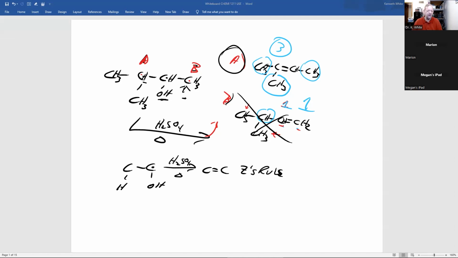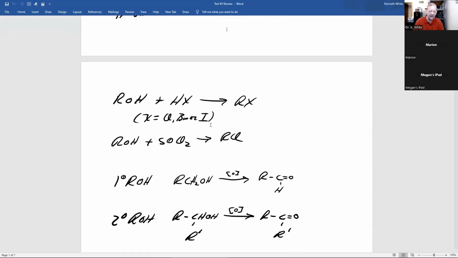And let's go back to the review. An easier reaction, you take an alcohol and react with HX. Remember, X can be chlorine, bromine, or iodine. You replace the hydroxyl group on the carbon with a halogen. Now, if you had a double bond, you're not going to want to react the alcohol with HX, because that will react with the double bond.